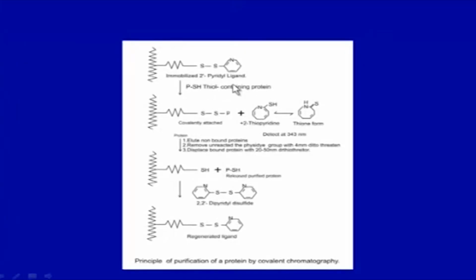Here this figure shows that you have an immobilized 2-pyridyl ligand, protein binds in here, releases the thione form, and then with another group it could be eluted. It is a very good technique for purification of a lot of different SH containing compounds.